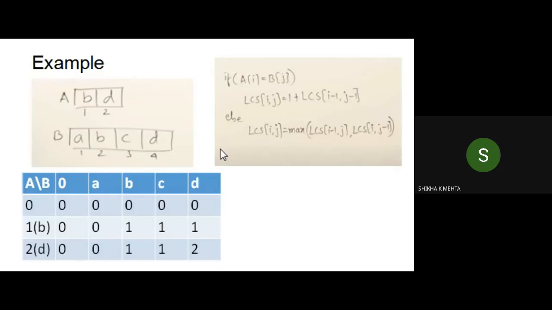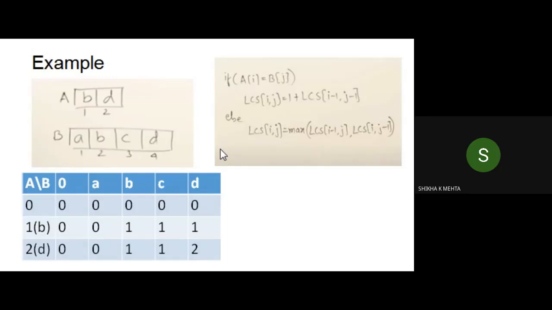That becomes 0 and 1. The maximum of 0 and 1 is 1. Similarly, as we move further, since B is not equal to D, the maximum of the previous column and the previous row cell values, that is 0 and 1, becomes 1. Similarly, we are going to fill these values, and finally we are able to get this particular table.